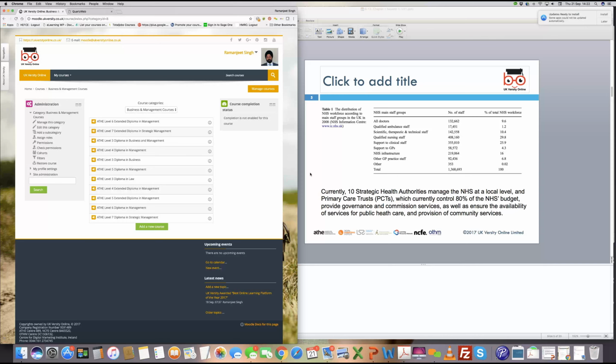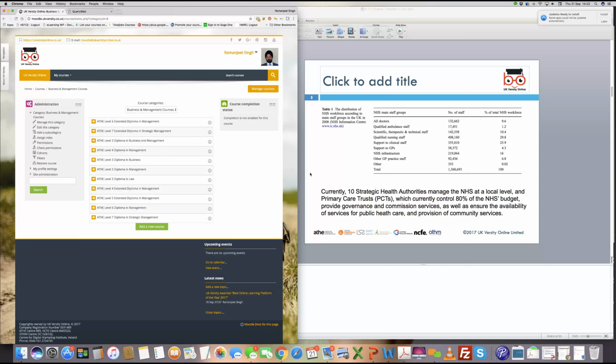Now, the other bit which is important to note on this slide is that currently we have about 10 strategic healthcare authorities. So we know that the NHS is a big system. But within the system, what the government has done is they've created something called Primary Care Trusts, PCTs. And these PCTs manage hospitals, and there's another commission that we come across, the CQC, the Care Quality Commission, which we will also look at at a later stage.